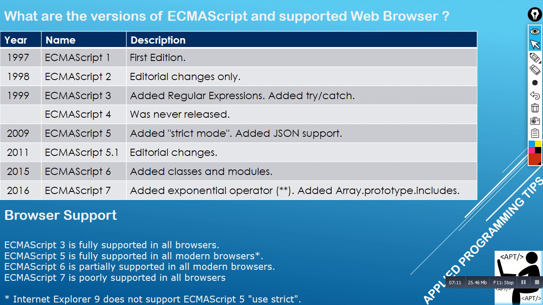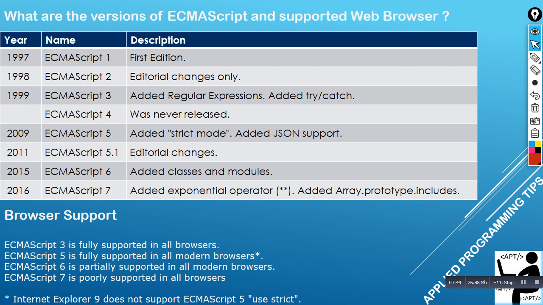So let's move on. In 2011 ECMAScript 5.1 was released, which also had editorial changes. In 2015 ECMAScript 6 added class and module, and these are the big and exciting features coming in ECMAScript 6, right? And in 2016 ECMAScript 7 was released, and a few more things were added: the exponential operator and the array prototype includes method.